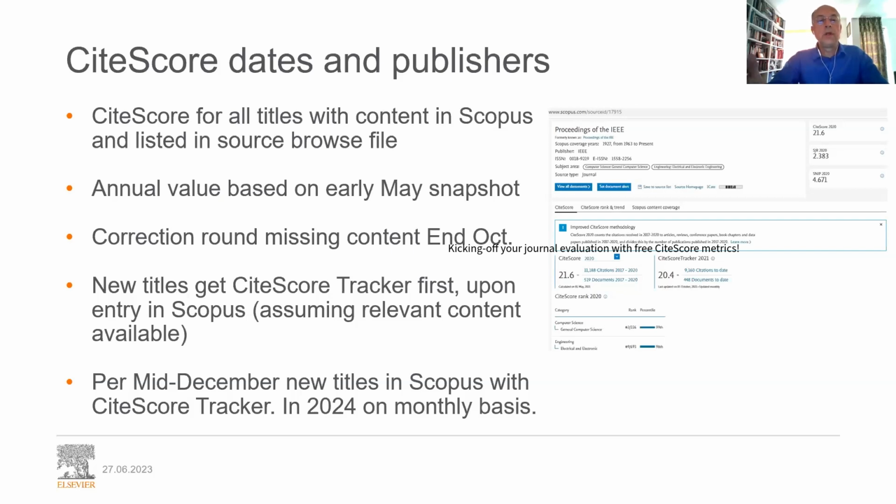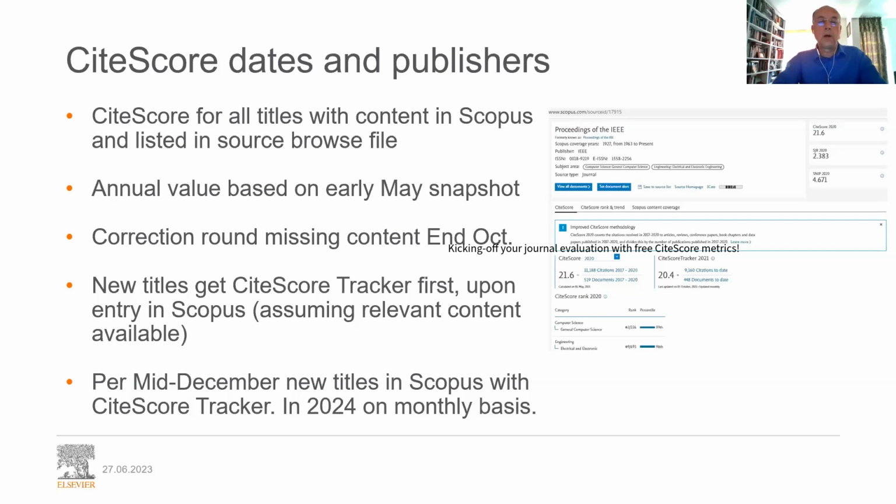What also happens by end October, in the course of November, December, is that we add new titles that have been accepted for Scopus, and as of then, those new titles will get their first CiteScore tracker, which is already a nice first indication. In 2024, we will do this update on a monthly basis instead of twice a year, which implies that new titles get their first CiteScore tracker even faster.